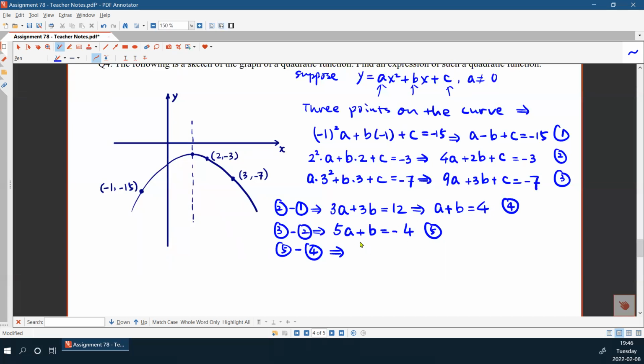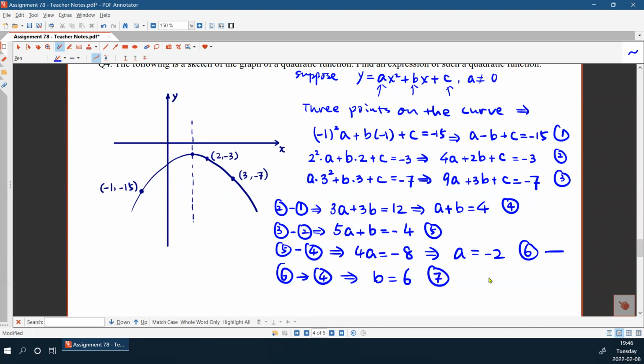Then 5 minus 4 will get us 4a equals -8, right? And therefore we can solve the value of a is -2. So let's call this 6. Then we can put 6 back into equation 4 to solve the value of b, right? Currently b is 6. And then let's label this with 7.